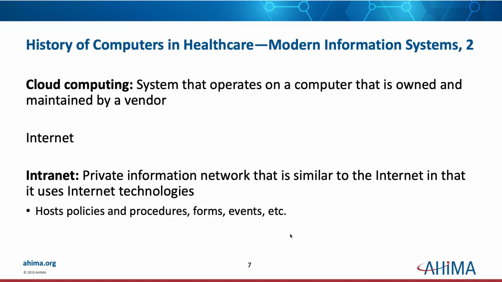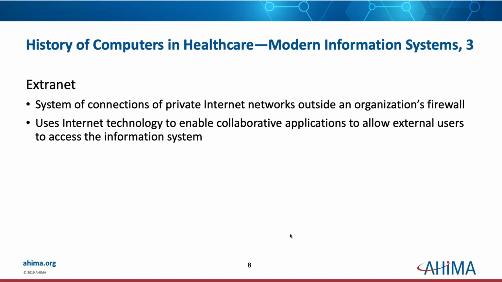Then you have the internet, World Wide Web, and then intranet was developed. These are private information networks that are similar to the internet, because they use that technology, but it's within an organization. It hosts policies, procedures, forums, events, those types of things. And then extranets have been developed.